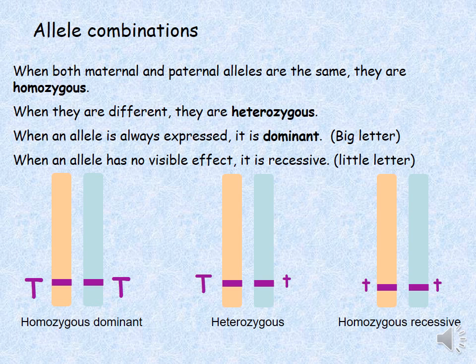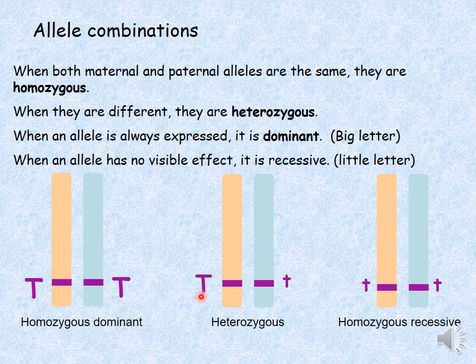So I digress. Dominant. When you have homozygous dominant, homozygous, they're the same, dominant. They are both dominant. And so the allele that will be expressed will be the dominant, the big T. Homozygous recessive, they are both small t's. And which one will be expressed? The small t will be expressed. In this case, white.